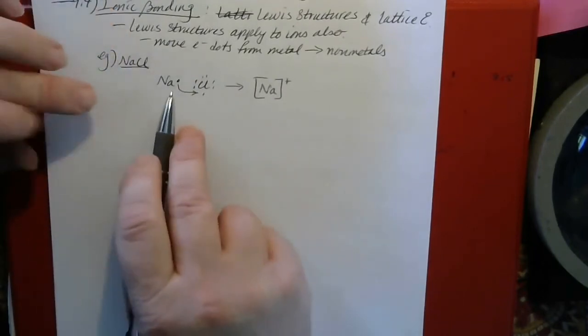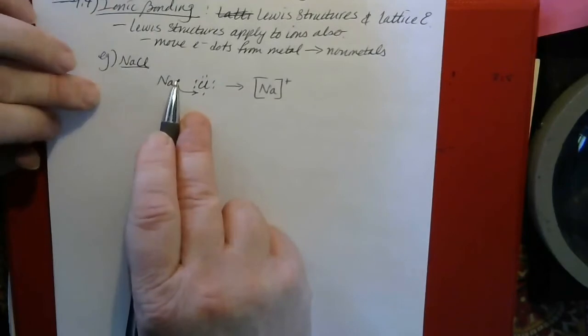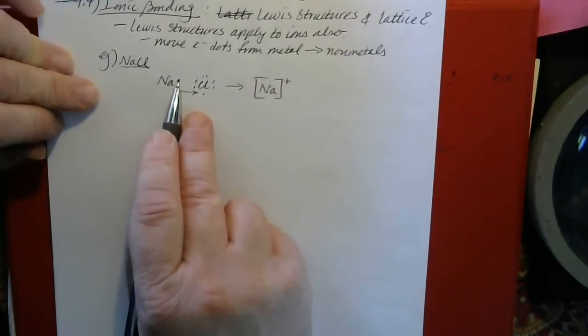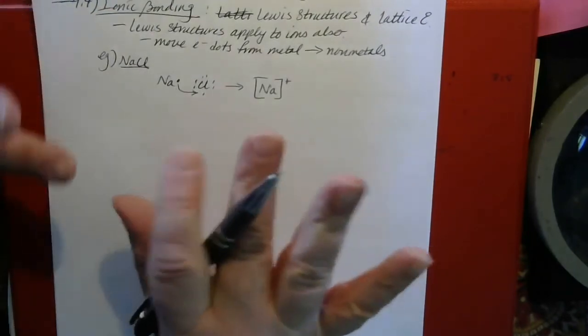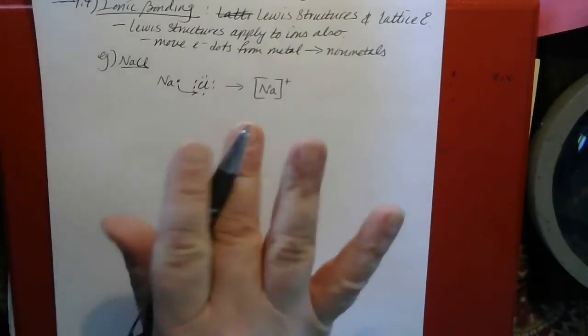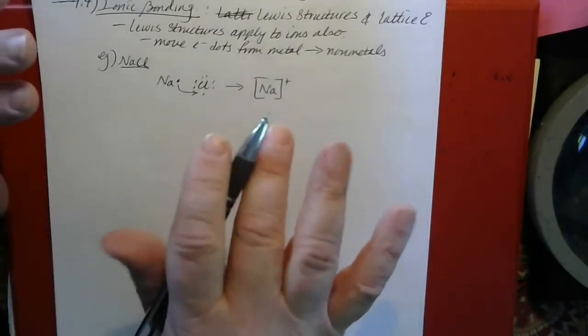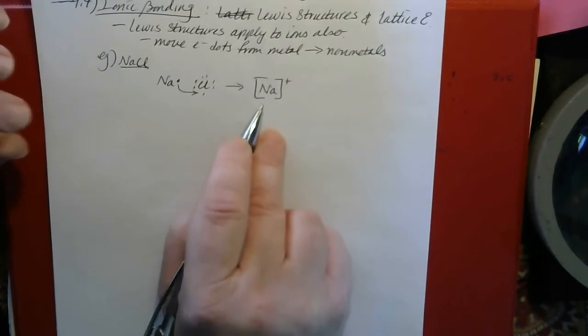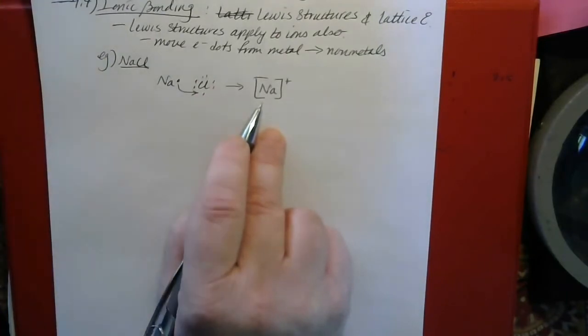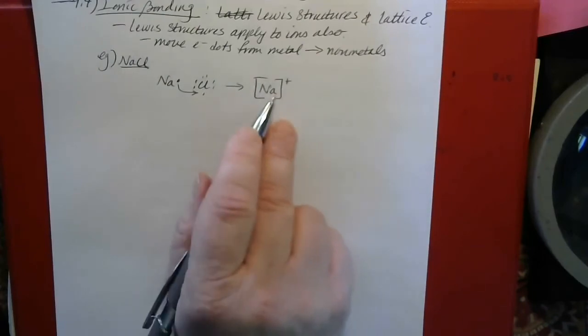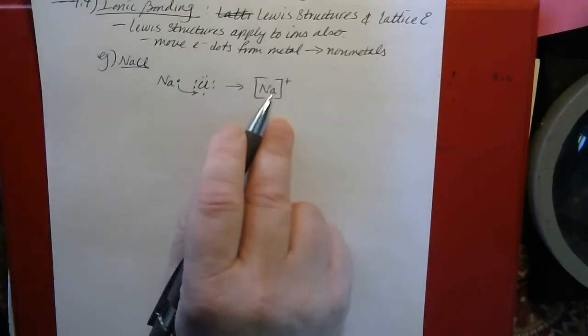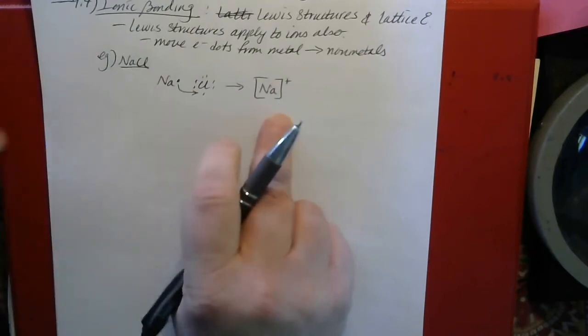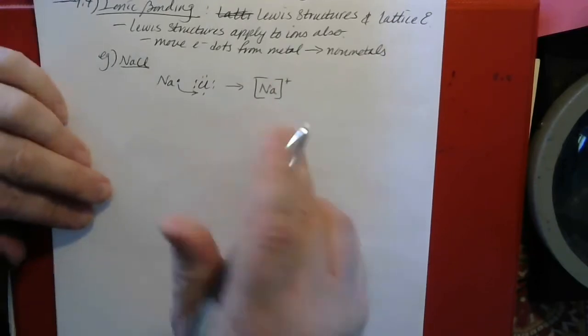So the idea is that once sodium loses that one electron in the third shell, it no longer has the original valence shell anymore. So a sodium plus ion in Lewis structure terms would be represented as the symbol for sodium with no dots around it because it has no valence electrons. The original valence shell is gone.